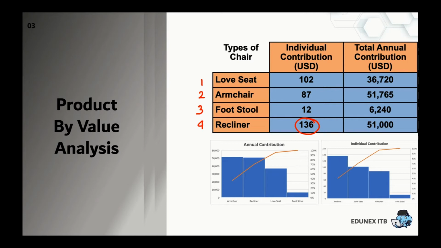Chair number 4 is the highest contributor. But when we see the annual contribution, even though the individual contribution is medium, the armchair has the highest total annual contribution, since maybe the volume is high in this case.